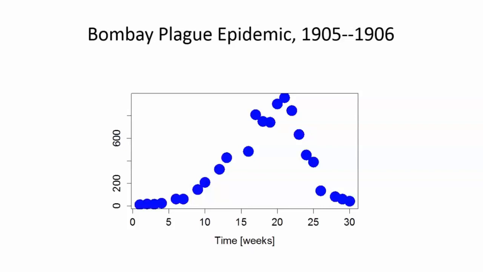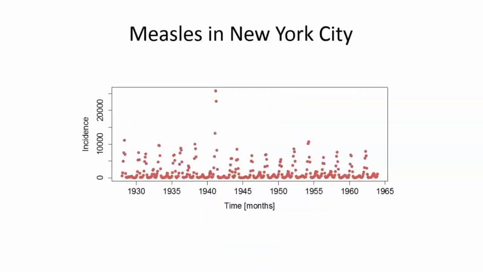And these are observations of the prevalence. This is a data set for an epidemic in 1905 in India.